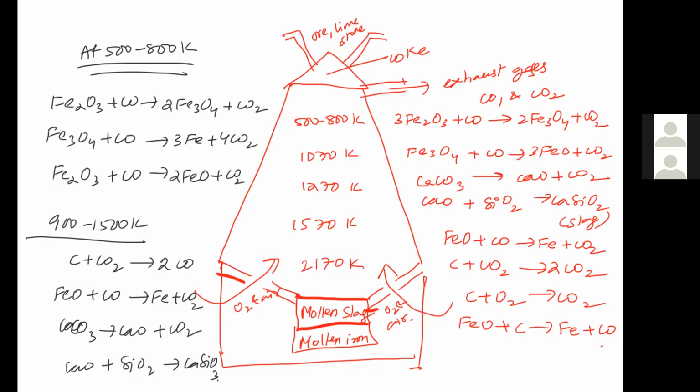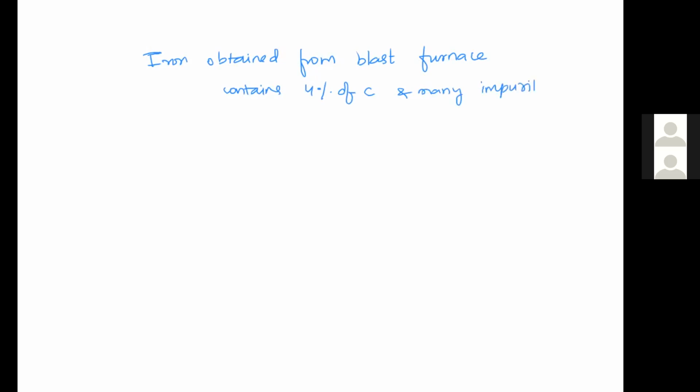So I'm clearing it. Next we have, what am I saying? So whatever iron is obtained from the blast furnace, it contains 4% of carbon and many impurities, which are sulfur, phosphorus, silicon, manganese, and all.